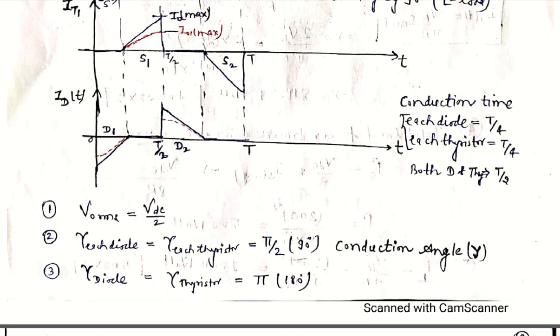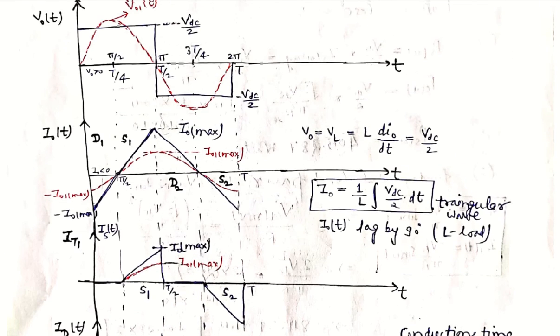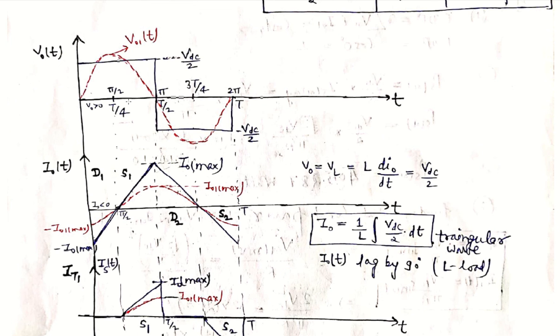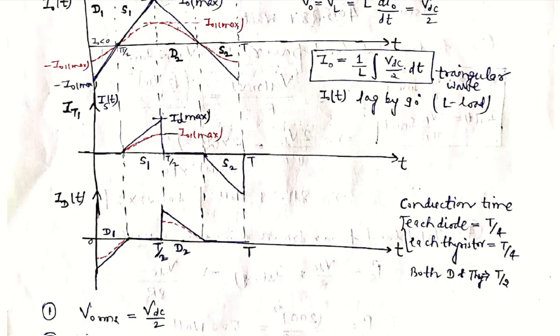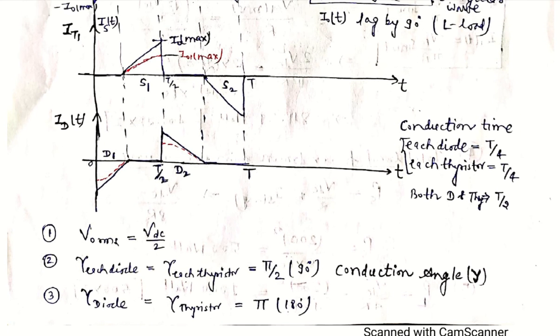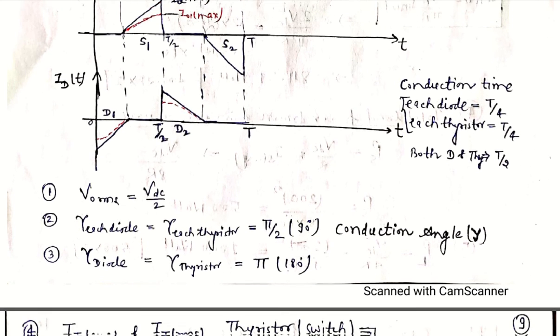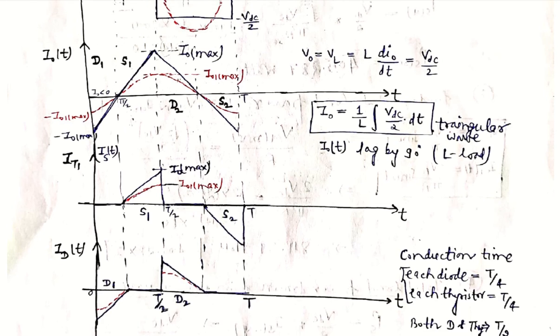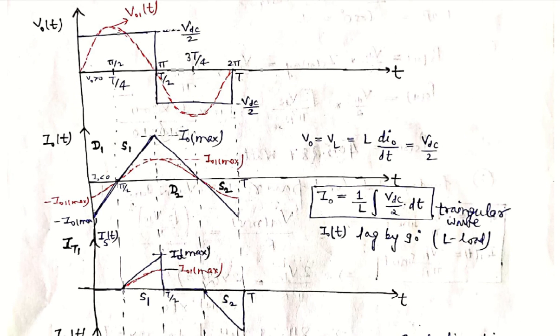But if we see in the duration of 180 degrees, from 0 to pi, each diode and thyristor conducts for pi, for a total of 2 pi duration, or we can say a total of T time duration.